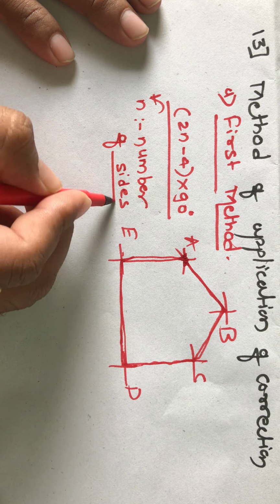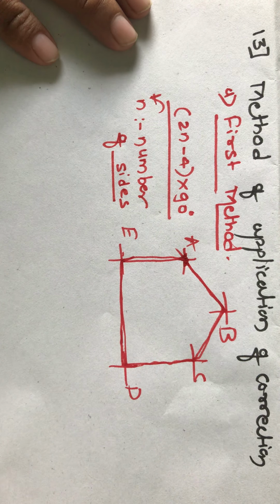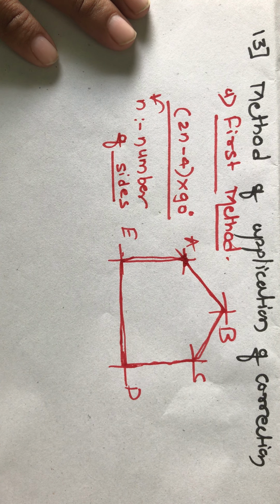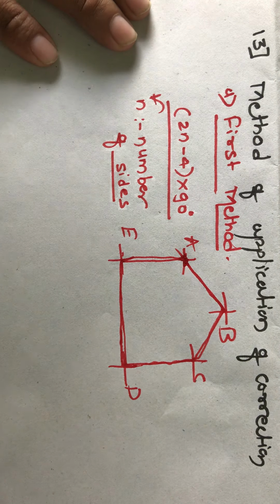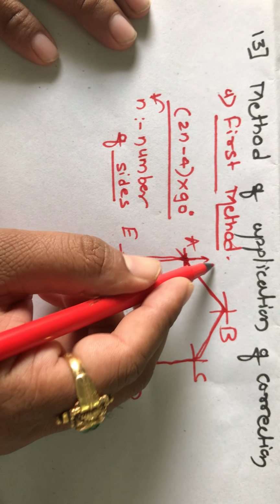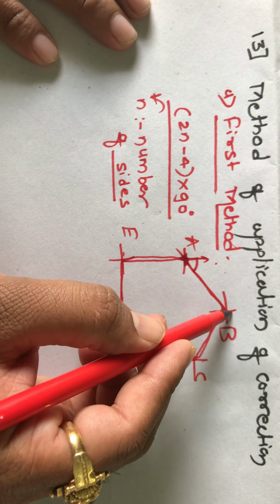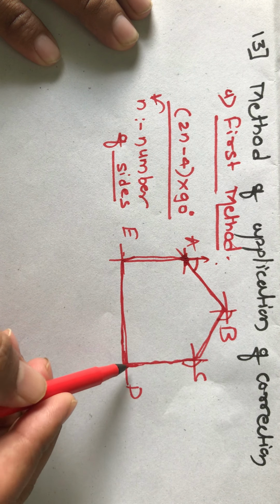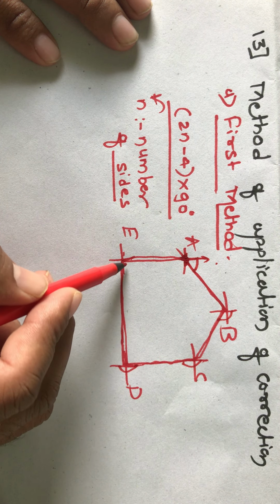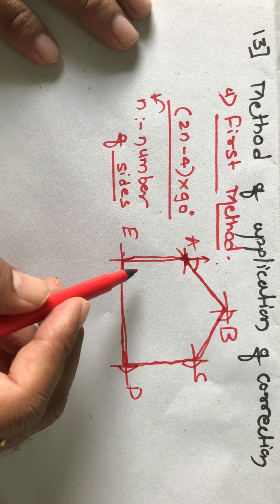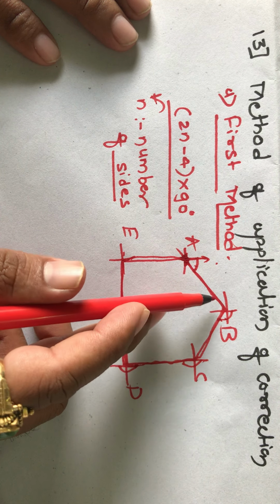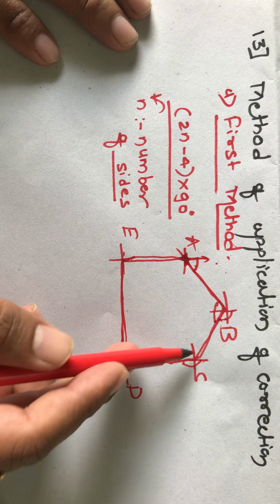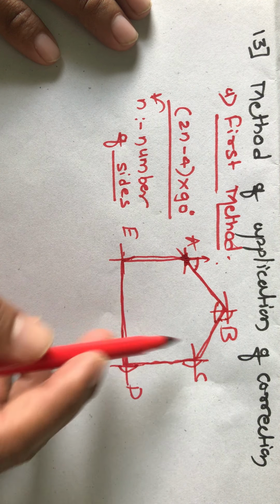The interior angles of the traverse are calculated from the observed bearings. Suppose this is north, this fore bearing we know, this fore bearing we know. From this angle we can calculate the back bearing, so we can find out the interior angles.